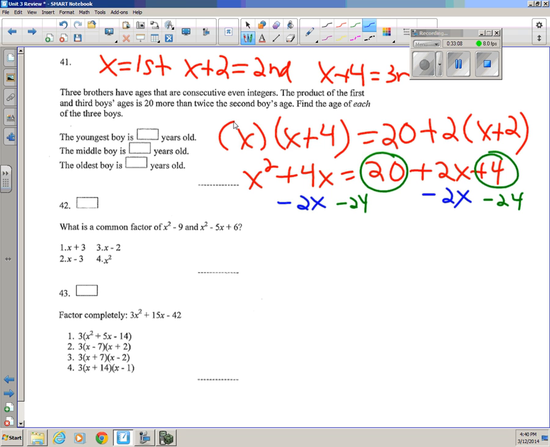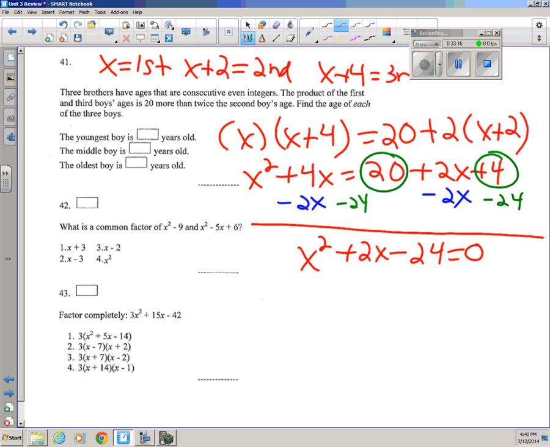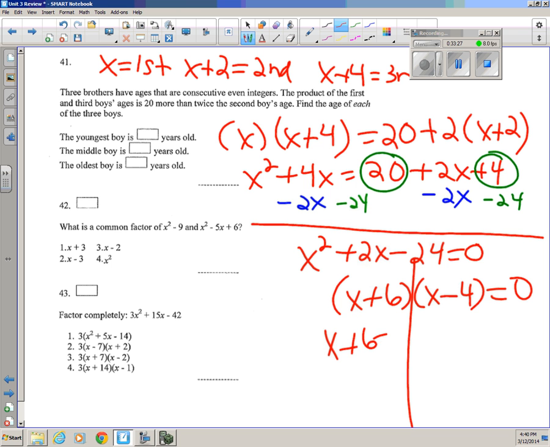Now we're trying to get a little bit fancy. Hopefully you're following along. So I've got x squared plus 2x minus 24 equal to 0. How do I factor that? x plus 6, x minus 4 equal to 0. When I set each factor equal to 0 and I solve, I get 4 and I get negative 6.